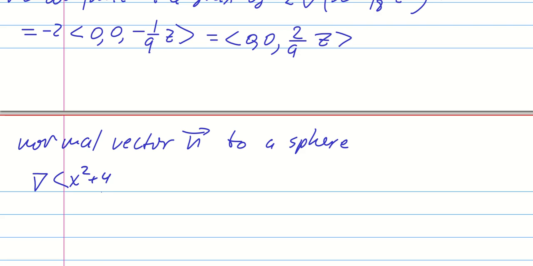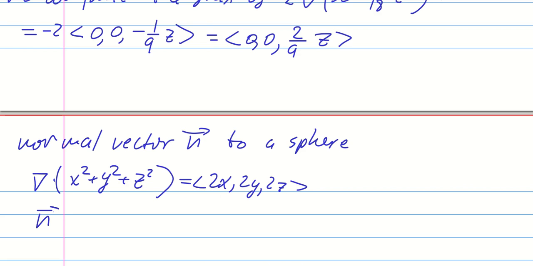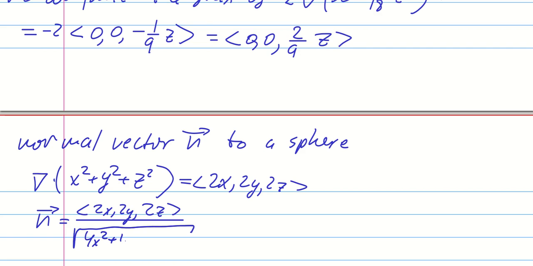So the gradient of x squared plus y squared plus z squared, and we're going to get 2x, 2y, and 2z for the vector form, but it's not normalized, so we need to normalize it to get n. So n will be 2x, 2y, 2z divided by the square root of 4x squared plus 4y squared plus 4z squared.